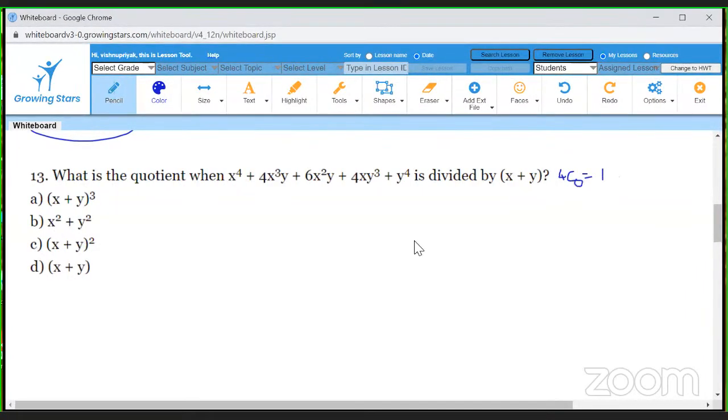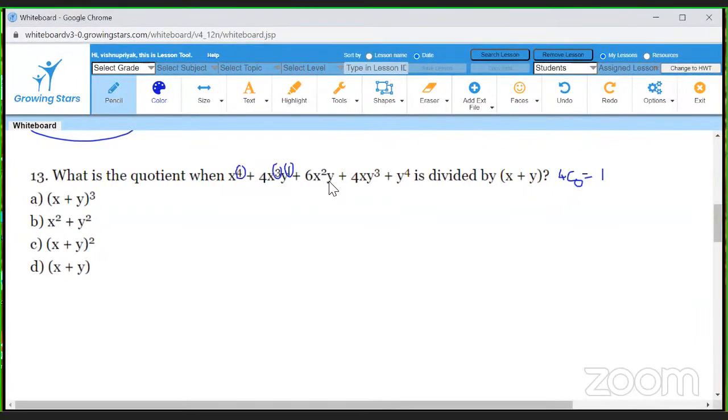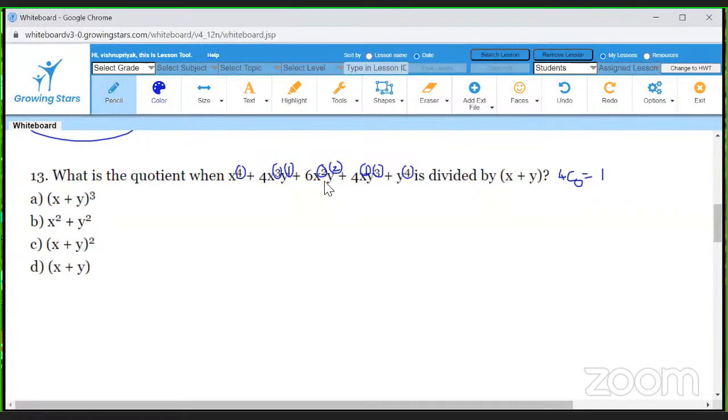But why did I take 4c0? If you see the power is 4 here, 3 plus 1, 4. Then this must be 2. 2 plus 2, 4. 1 plus 3, 4. Everywhere 4, 4, 4 is there. That's why I'm starting with 4c0 is 1.